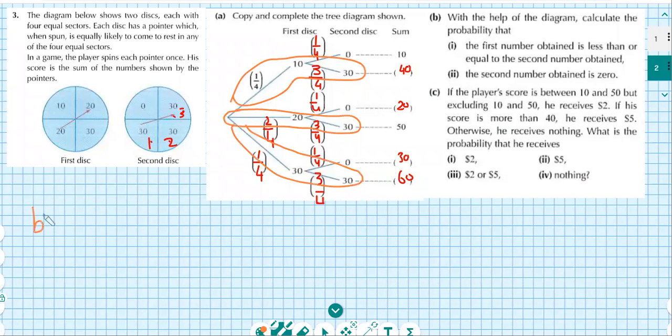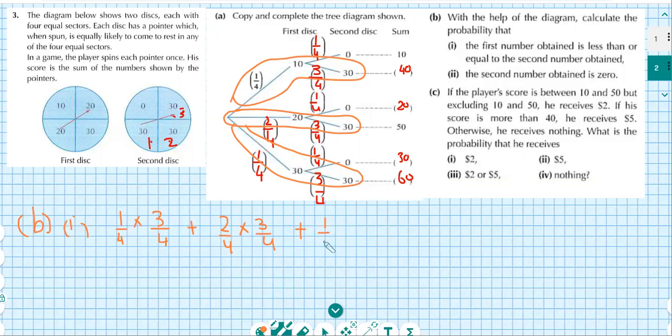So part B first. The probability of the first branch will be 1 over 4 multiplied by 3 over 4. Then for the second one, 2 over 4 multiplied by 3 over 4. So actually we are taking the product of individual probabilities of each branch and then adding them.